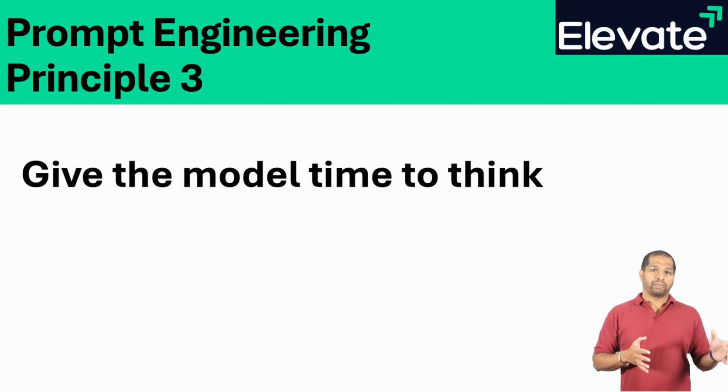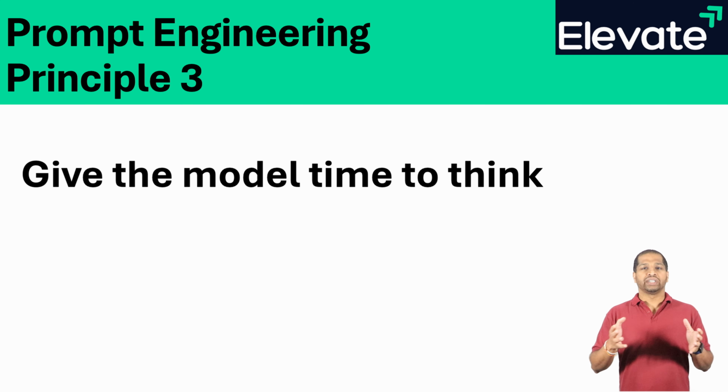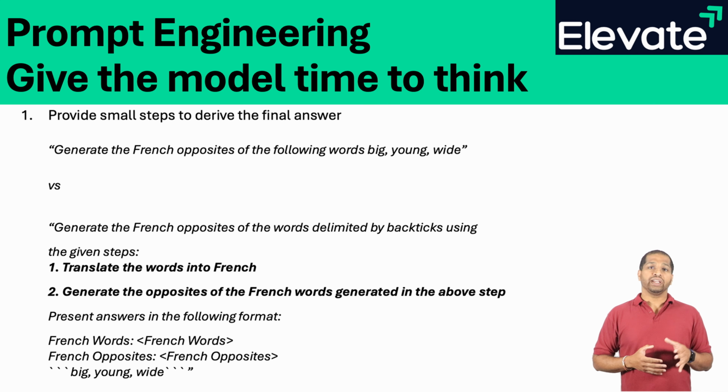This is usually applied to more complex and time consuming work that we assign to models. Similar to humans, if you don't allow enough time for the models to work out its solution, it could produce an incorrect result. The first aspect of this is to provide small steps for the model to derive the final answer.